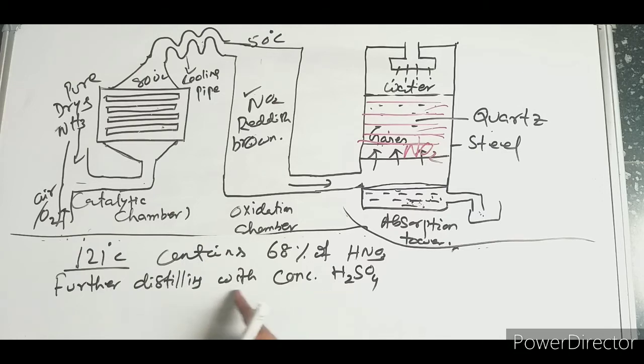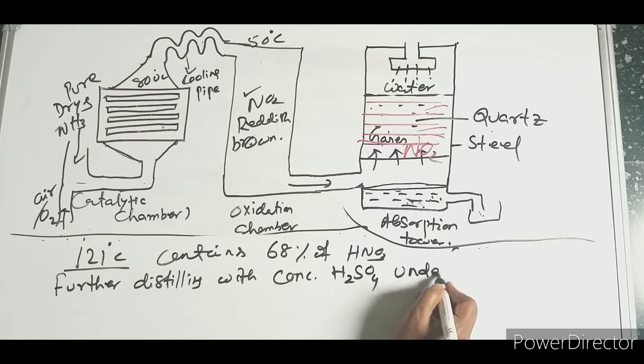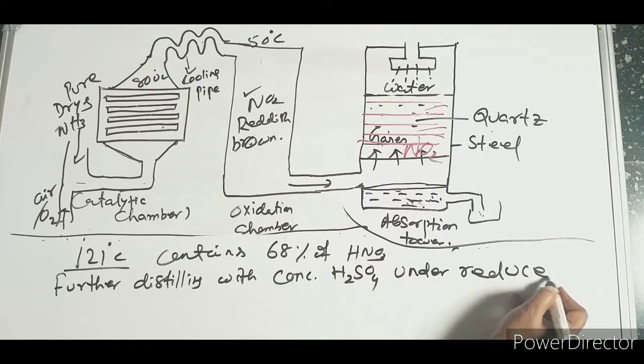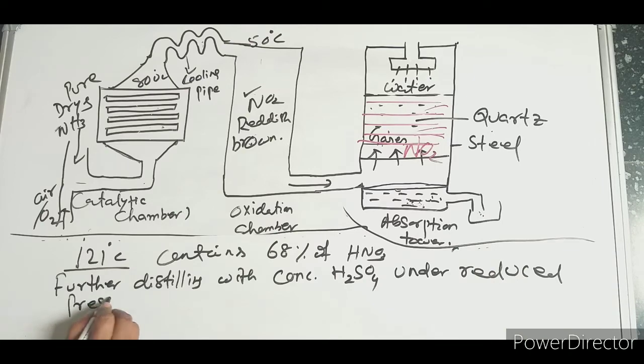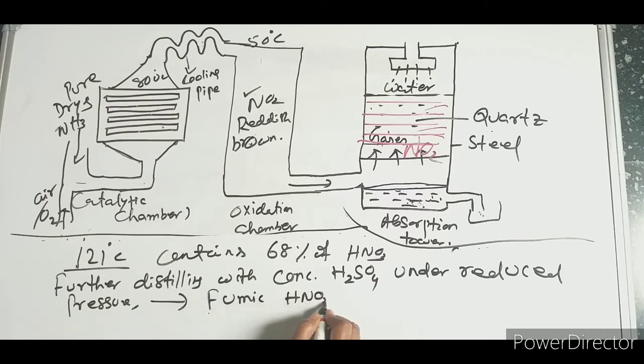Further distilling with concentrated H2SO4 under reduced pressure gives fuming nitric acid, fuming HNO3, F-U-M-I-N-G, which is 98% concentrated. Okay.